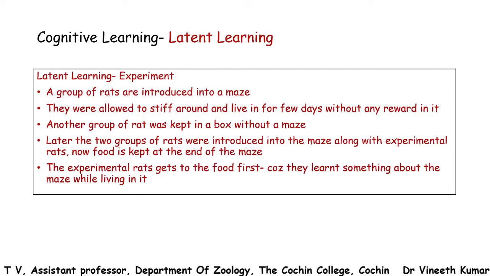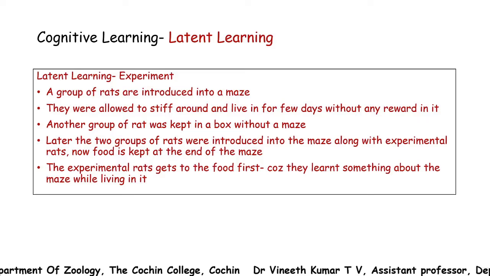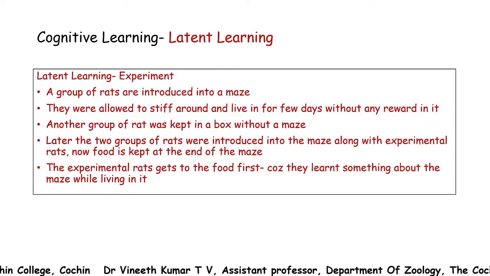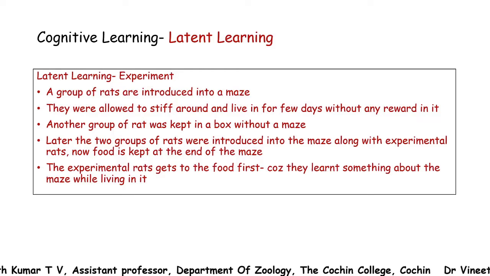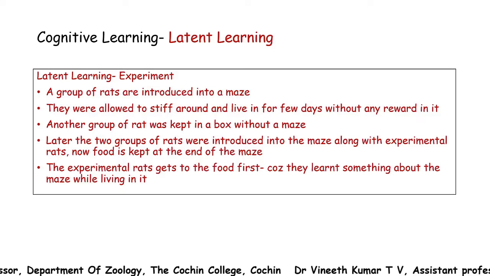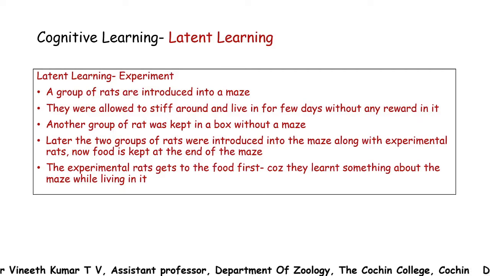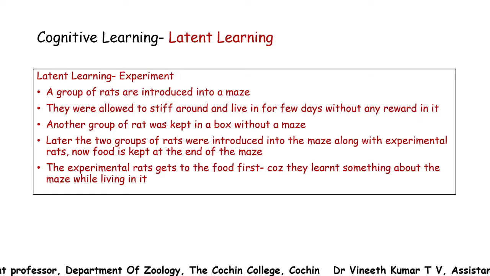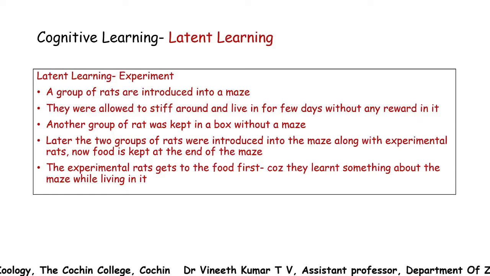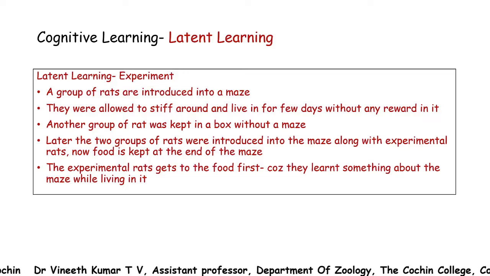So what happened is that when the rats were inside the maze, they were not given food at the end, etc. They were not trained to get the food at the other end. But unknowingly, the rats studied the structure of the maze.